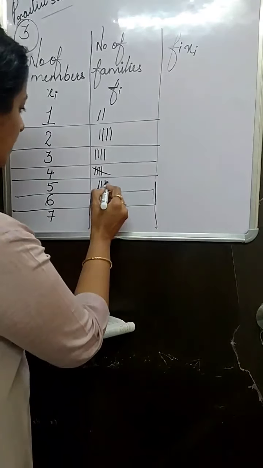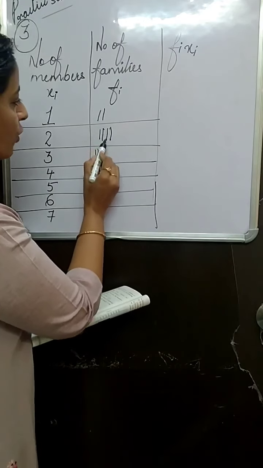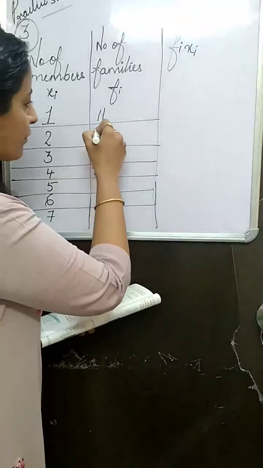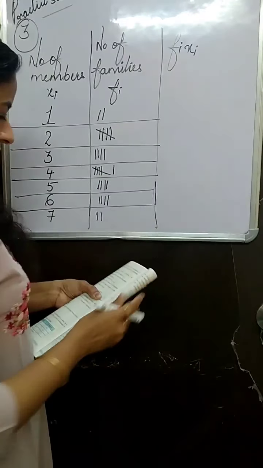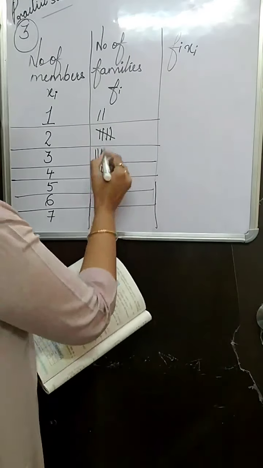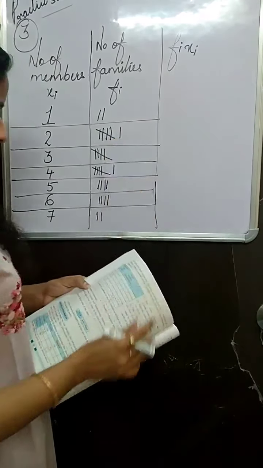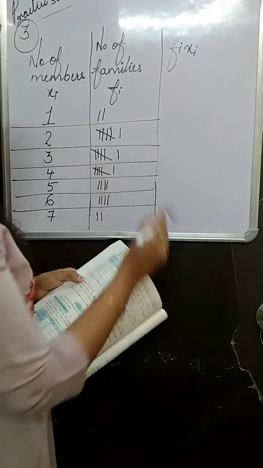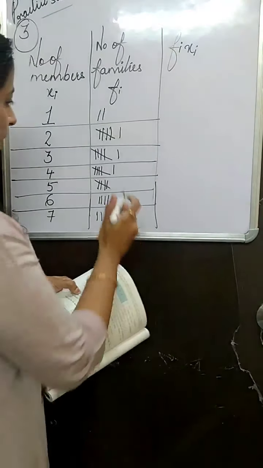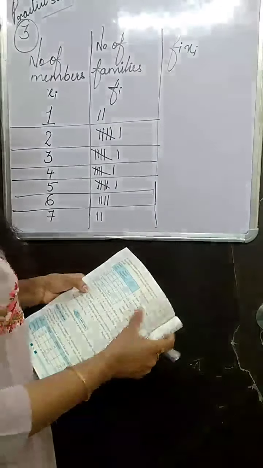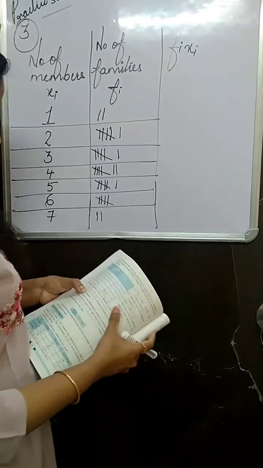Next is 5. Then 2. Again, for 2, 4 tally marks I have put, and the 5th one I will put a cross. Then we have 4. Then we have 3. Again a cross. 2. Now again you will start. 3. Again start. 5. 4 over. So this 5. Again a 5. Then 4. Then 6. Cut. 2.